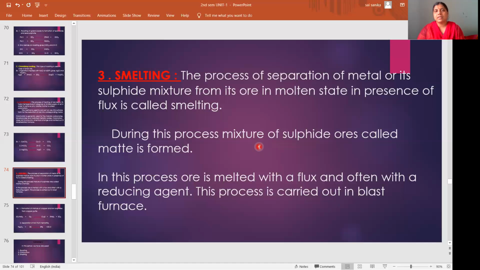That is called smelting. During this process, the mixture of sulfide ores called matte is formed. Here we are adding flux and a reducing agent and separating out the metal. This is carried out in a blast furnace.